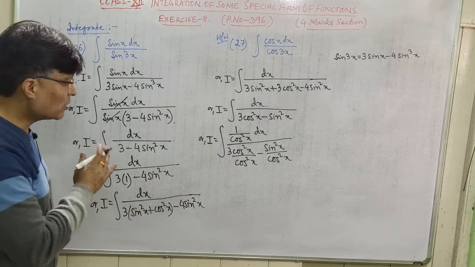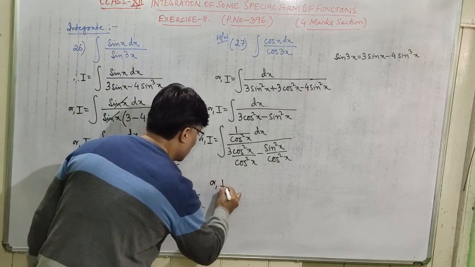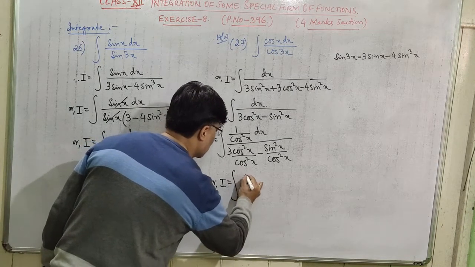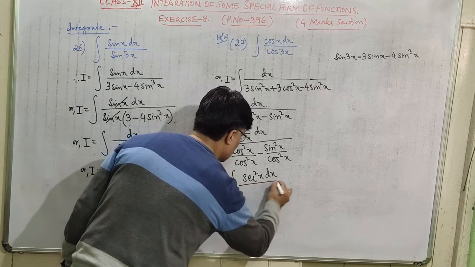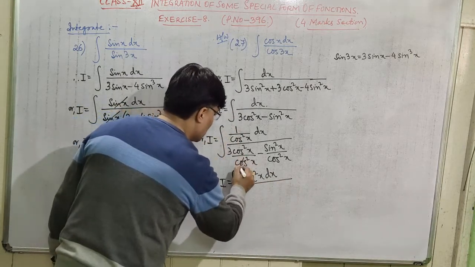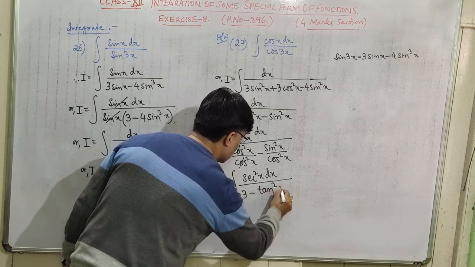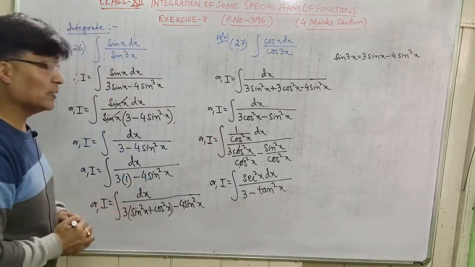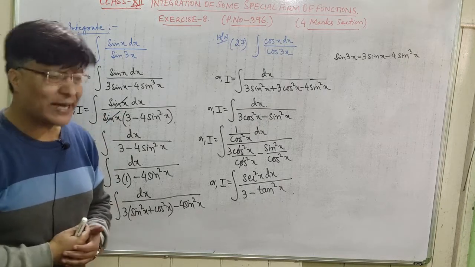Okay, so we are converting it into tan x and sec square x form. Or I is equal to the integration of, what is 1 by cos square x? It is sec square x dx divided by, this will be cancelled, 3 minus this is your tan square x. Is that clear?